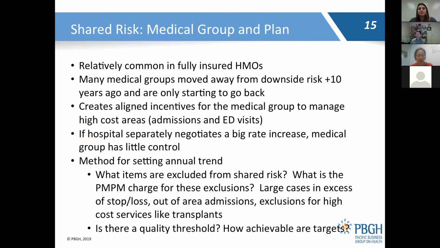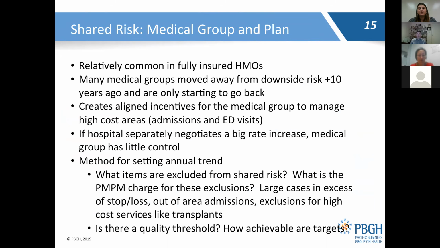And at the end of the day, we learned a lot of lessons from that period, that it's important to have the alignment of incentives across the medical groups to manage the high cost areas, like avoiding readmissions or ensuring primary care access at off hours or weekend hours to reduce emergency room visits.